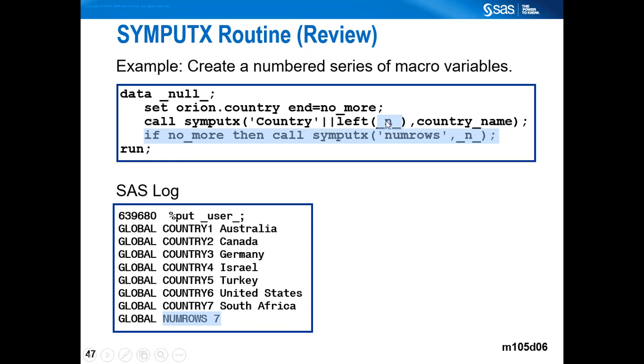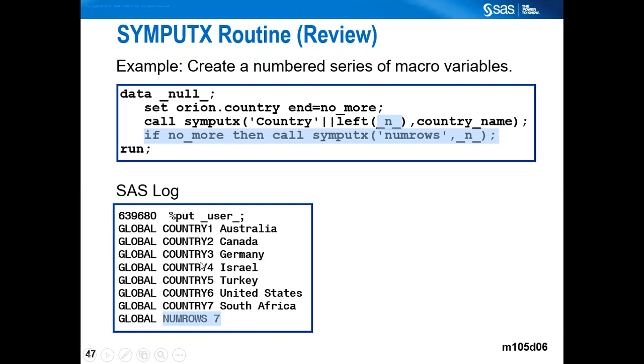So when _N_ is 1, this will be country1, and country1 will take the value of the existing column coming from this data set, which is country in the orient data. So the first row will be the value of country1.